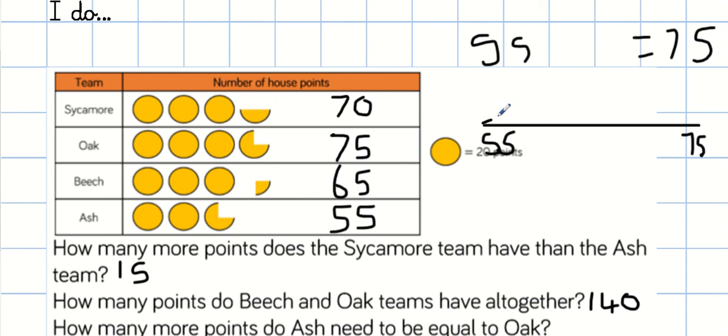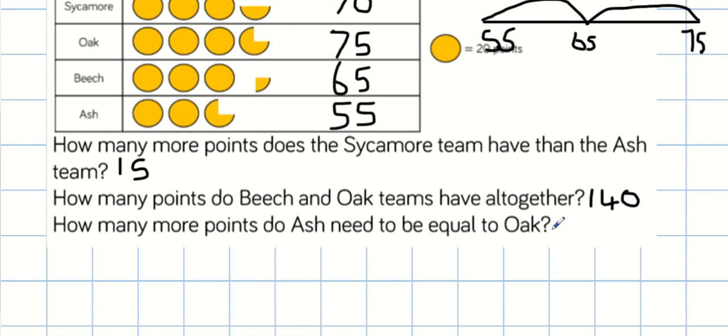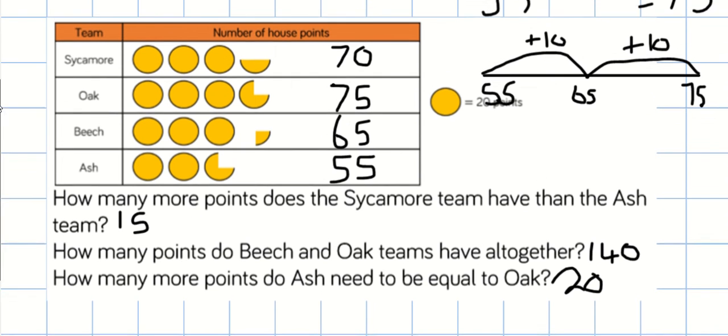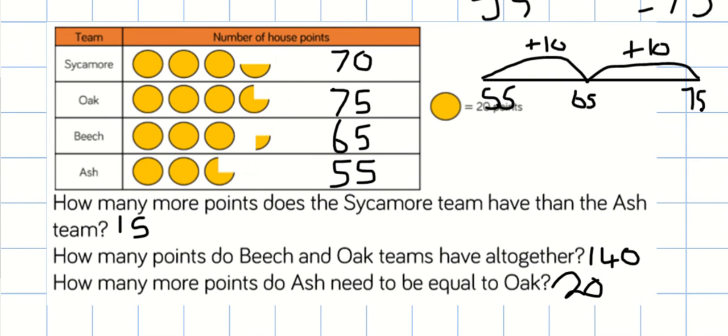I'm going to jump up 10 to begin with. If I add 10, I get to 65. And if I add 10 more, I get to 75. How much have I added all together? 10, 20. So 20 would be my answer. Here, as you can see, I've used the data to work out each sum.